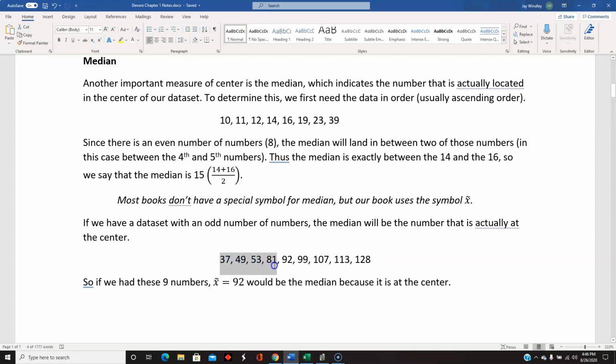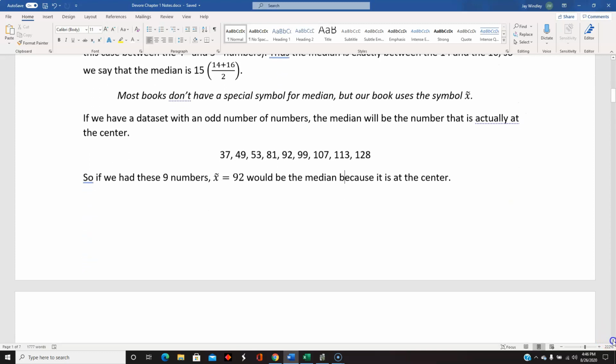It's the number in the middle. Notice if we have 9 numbers, we have 4 numbers in the lower half, 4 numbers in the upper half, and this one number in the middle, 92. So sometimes the median is an actual number in the data set, and sometimes it lands in between 2 numbers of the data set.